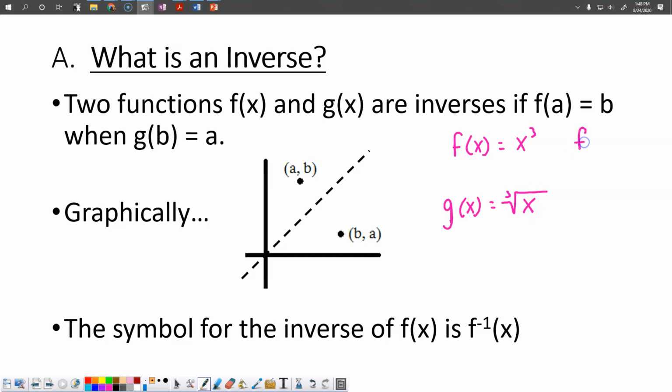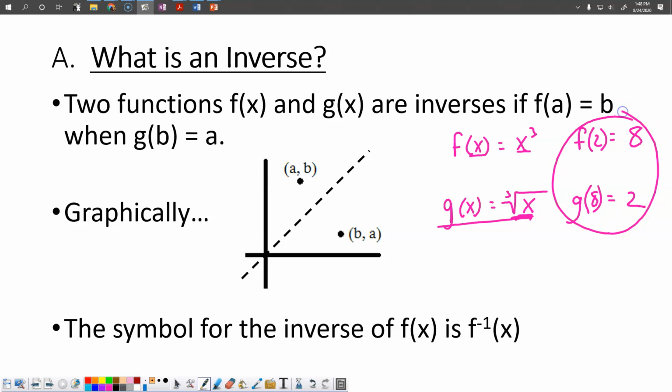Because if I were to plug in, let's say, 2 to the f function here, 2 to the third power is going to give me 8. Whereas for this one, if I were to plug in 8, taking the cube root of 8, I would get 2. And you can see the relationships here.